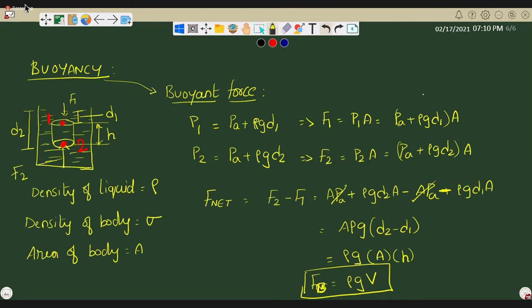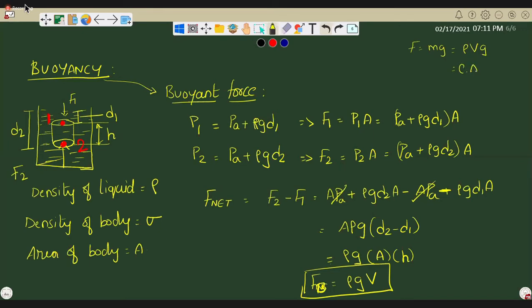See the beauty of physics. We are telling F is equal to mg, no? M is density into volume, so you get rho V g. Now again see, F is equal to mg, which is nothing but rho V into g.